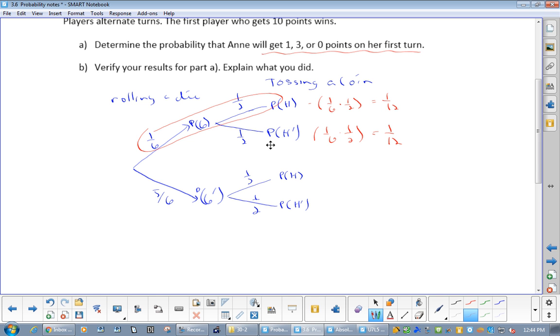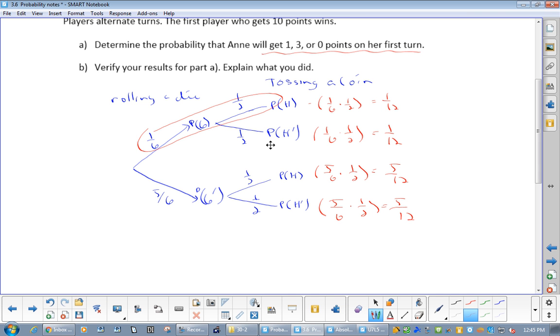It would be 5/6 times 1/2, which is 5/12. And anything but a 6 and tails would be 5/6 times 1/2, which is 5/12. Does this make sense?